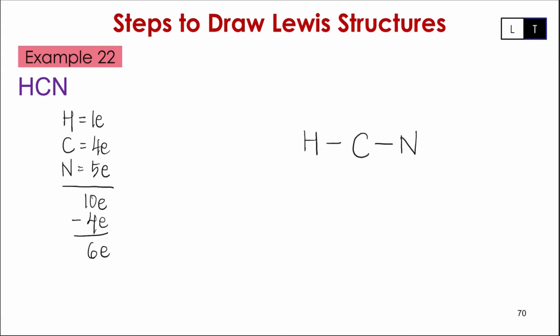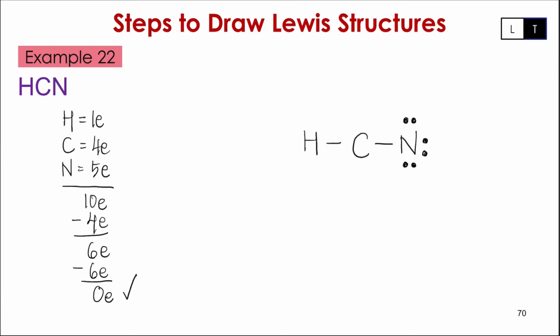But in this case, we have the hydrogen and nitrogen. Hydrogen already achieved duplet. So the rest of it akan saya letak dekat bahagian nitrogen. Kita perlukan 6 electrons sekeliling nitrogen. So dalam kes ini, you can see that nitrogen sudah guna semua 6 electrons. So the remaining electrons will be 0.